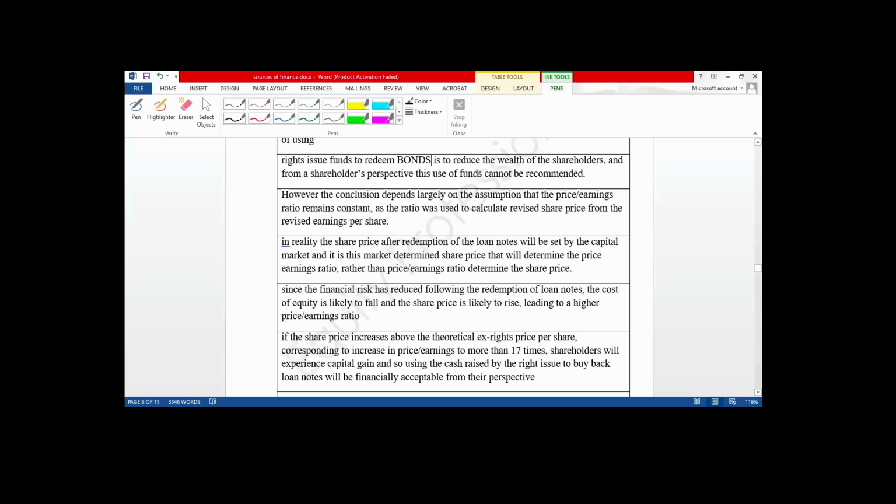Since the financial risk has reduced, do you understand that point? By repaying your debt, the financial risk of the company will reduce. Following redemption of loan notes, the cost of equity is likely to fall, and the share price is likely to rise.